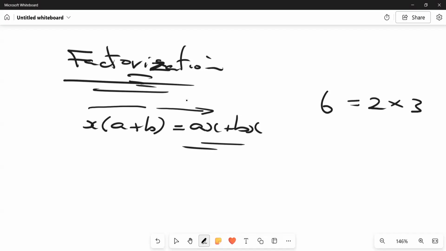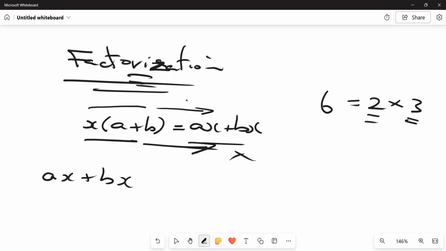So you've written it as a product of its factors, in this case prime factors. Well, that's what we're talking about here. We're not taking this and working to get that. No. We're taking this, ax plus bx.